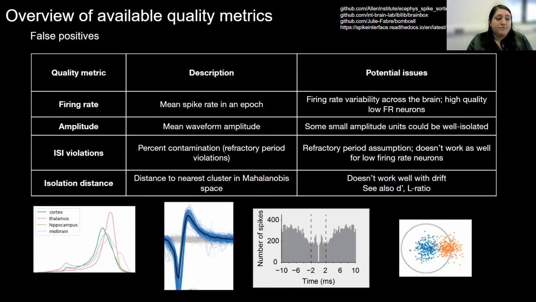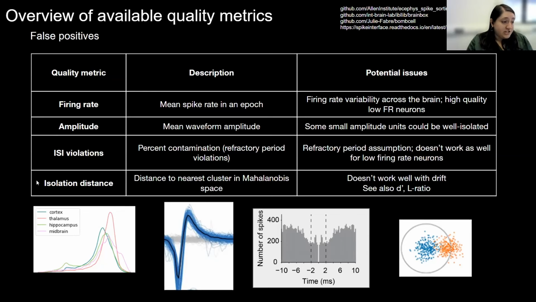You are assuming a set refractory period here. We actually developed a metric that gets rid of that assumption, and I'll link the code to it at the end of the talk, that we think works pretty well for getting rid of that assumption that refractory periods are the same across the brain. Also, this doesn't work quite as well for low firing rate neurons. So depending on whether or not you have a firing rate threshold, you may have to keep that in mind.